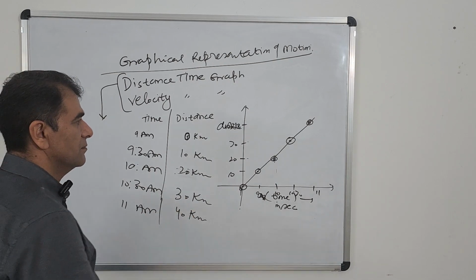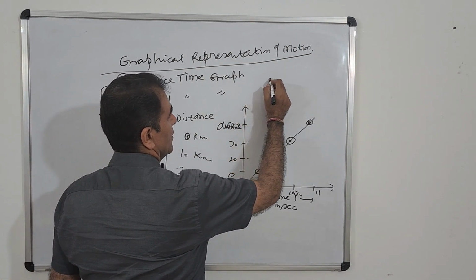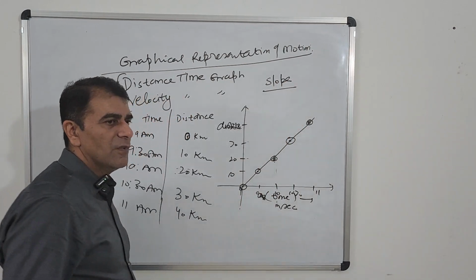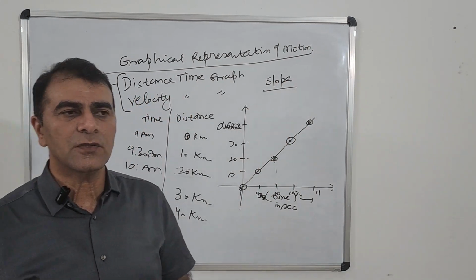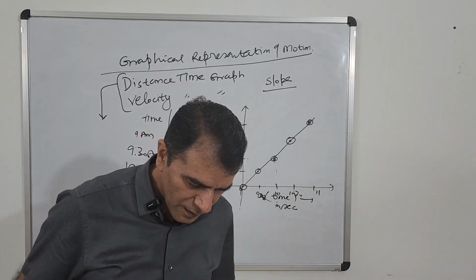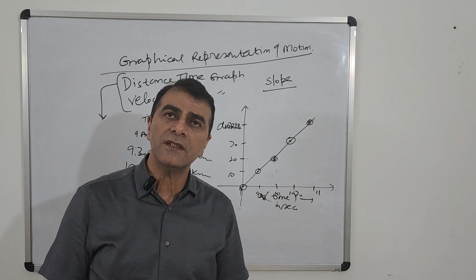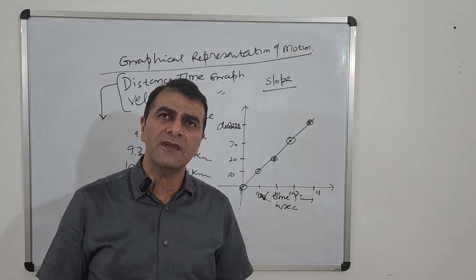That is a new term known as slope. Sometimes in class 9 they do not tell you what slope is. Let me ask you this question: what is slope? Have you heard this word slope, or have you seen a slope anywhere?